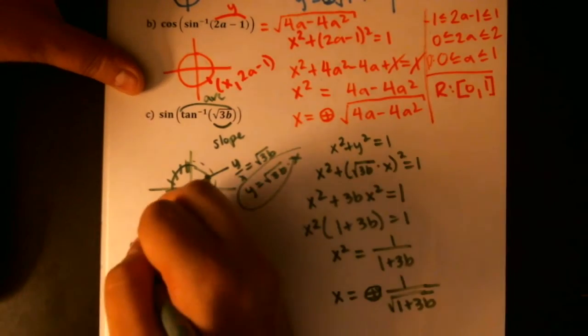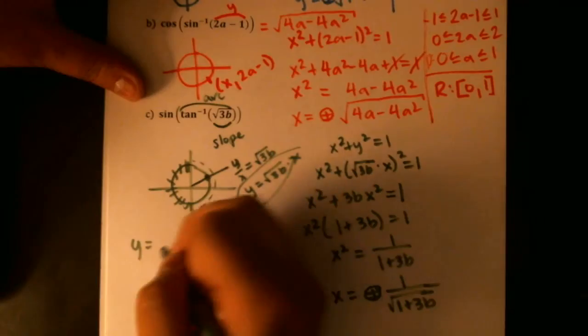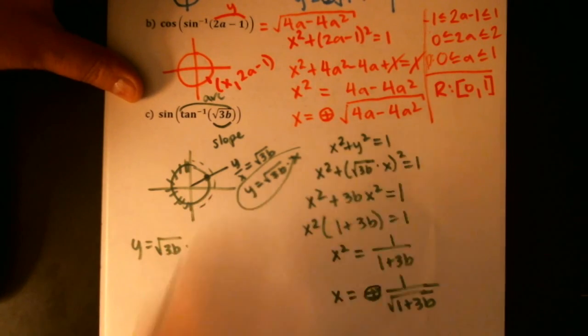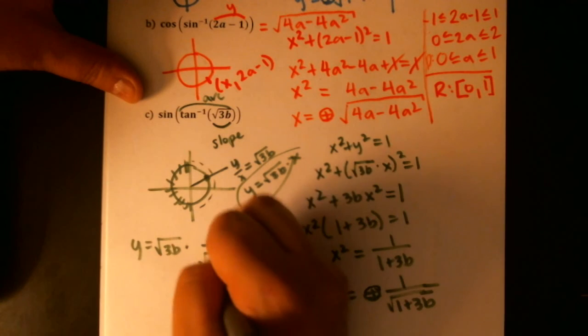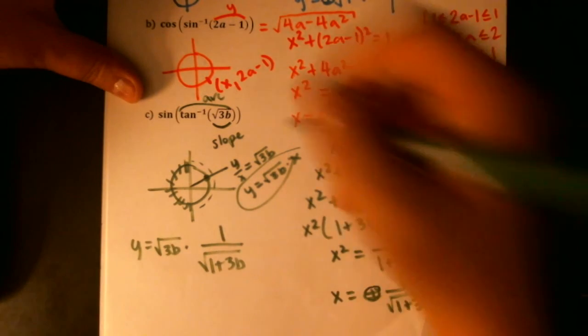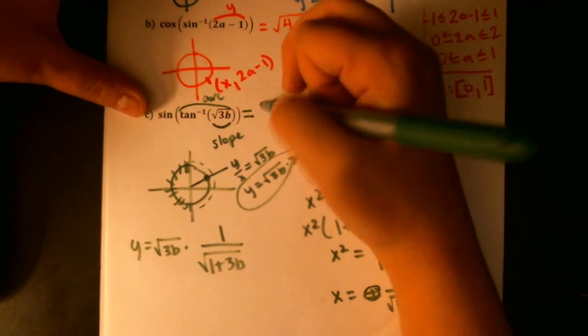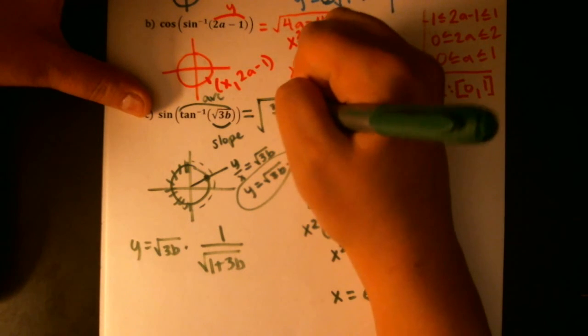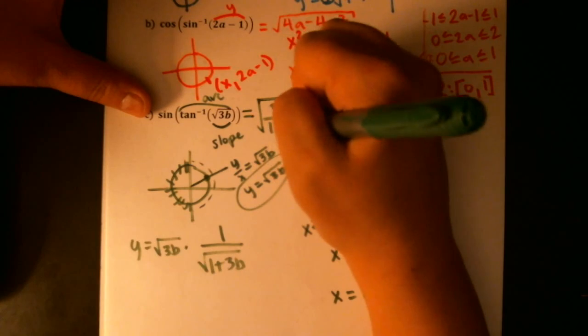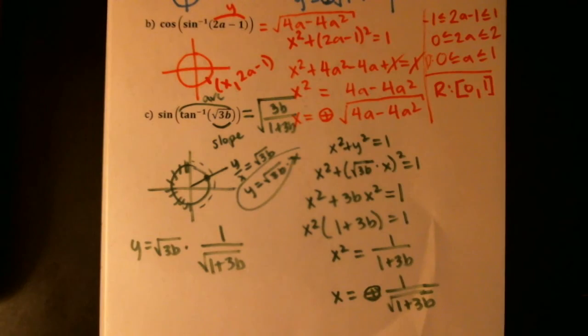So I'm going to go back to this formula and say y is equal to the square root of 3b times the x that I just found, 1 over square root of 1 plus 3b. So sine is going to equal, I'm just going to mush it into one root. You can leave it separate, but I like this. So again, roots, you can take them apart and put them together over multiplication and division. You can't do it over addition and subtraction.